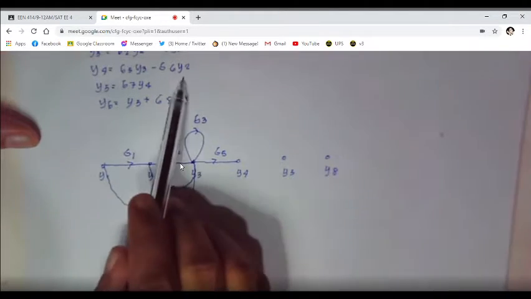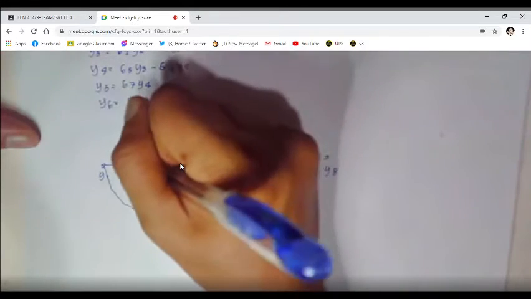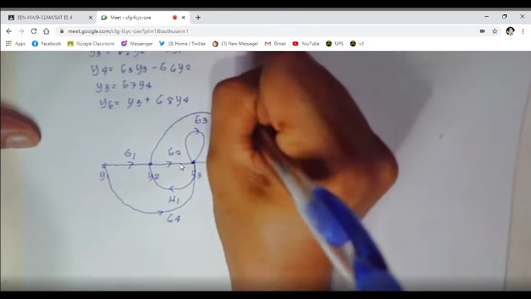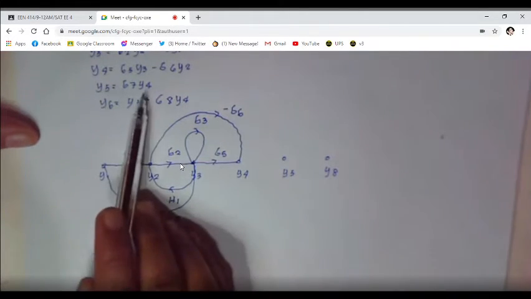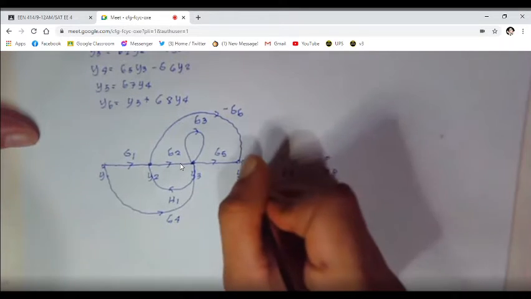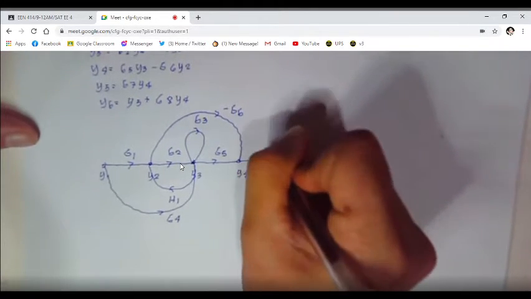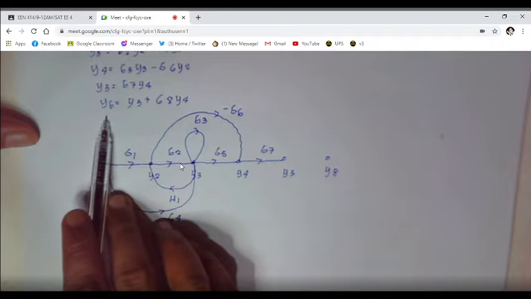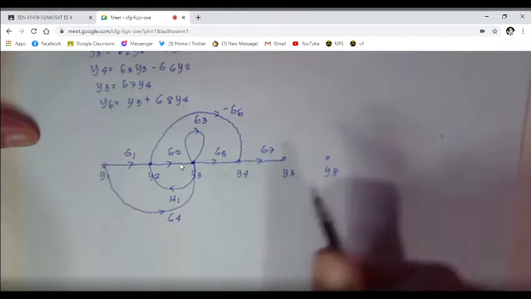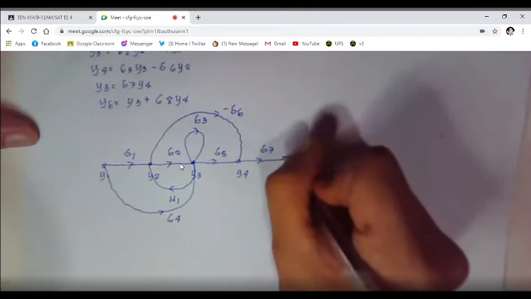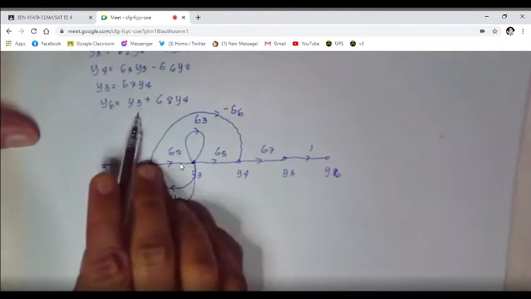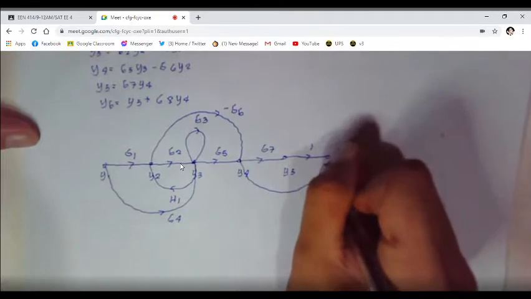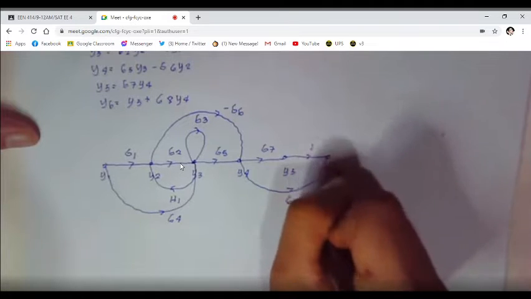Then Y2 goes to Y4, drawn above, with negative G6. Then Y4 to Y5 with G7, Y5 to Y6 with 1, and Y4 to Y6 with G8.